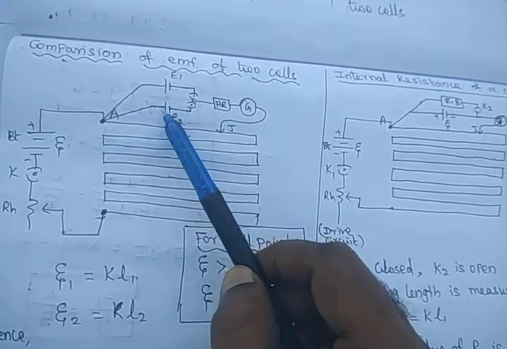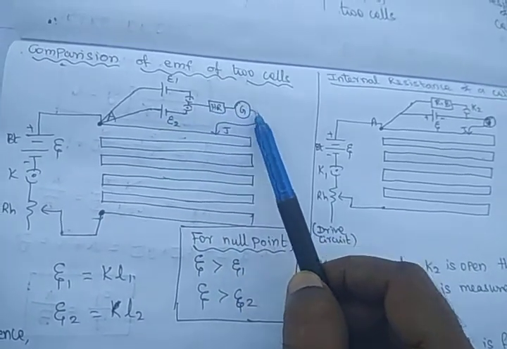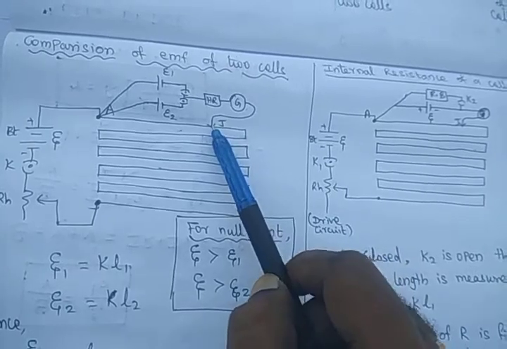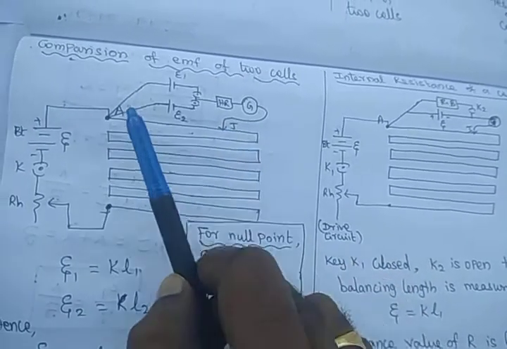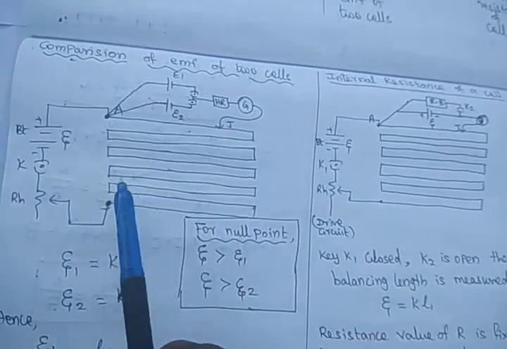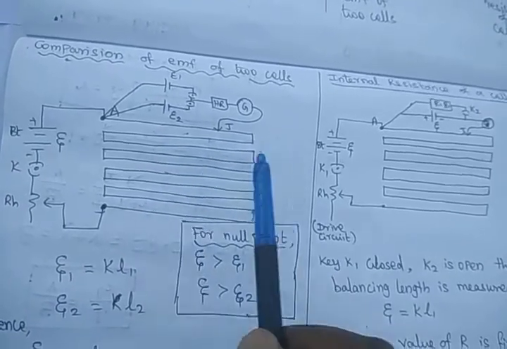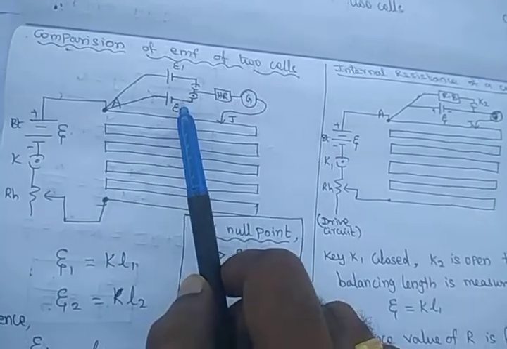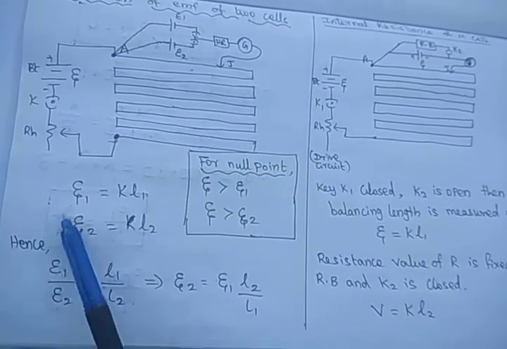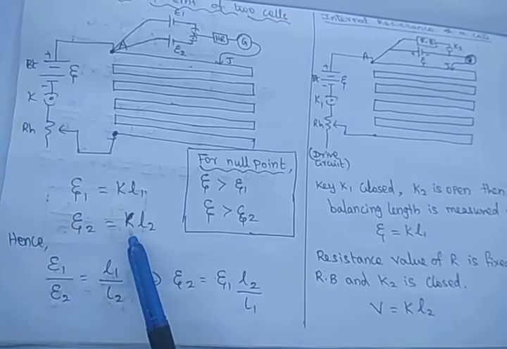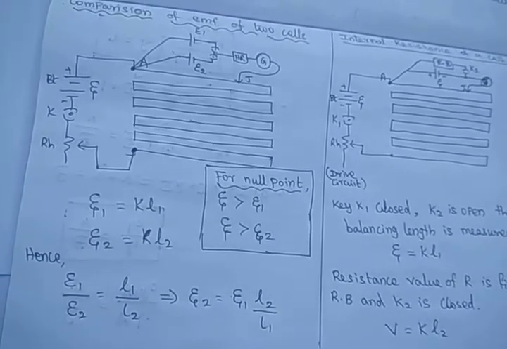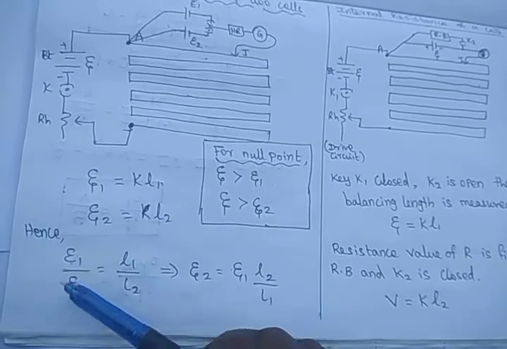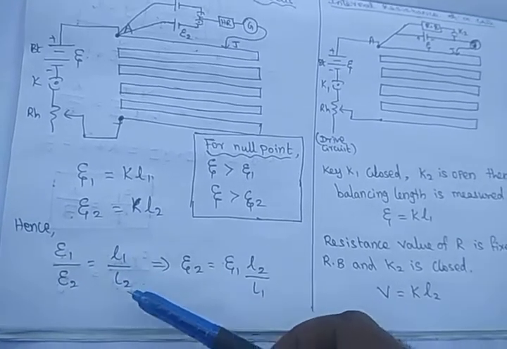Only the current flows through the cell E2 and through the galvanometer it will join the 10-meter wire through the jockey. If you slide the jockey over the 10-meter wire, at a particular point the galvanometer shows zero deflection. That length will be proportional to the EMF of the second cell. So E2, the EMF of the second cell, is equal to K into L2. So the ratio of E1 by E2 is equal to L1 by L2.